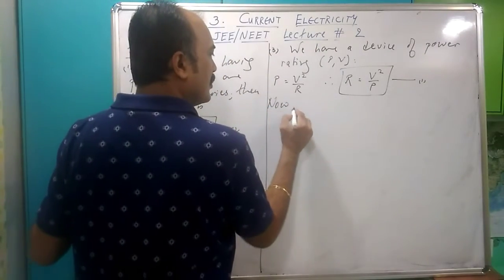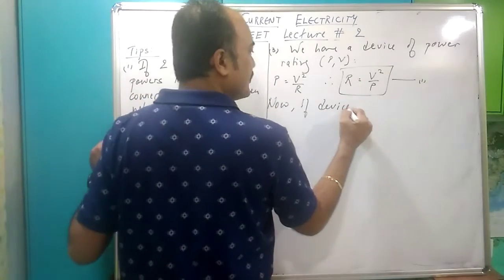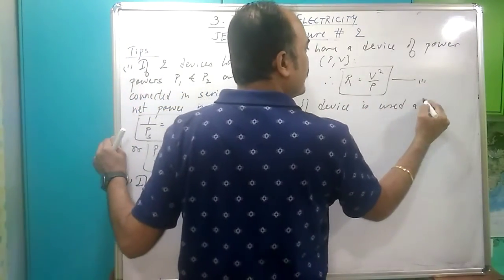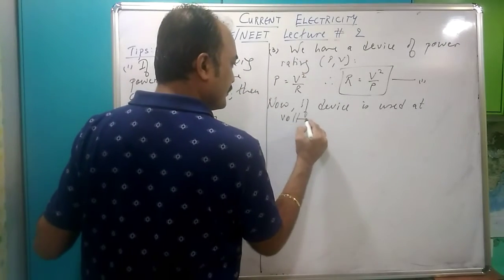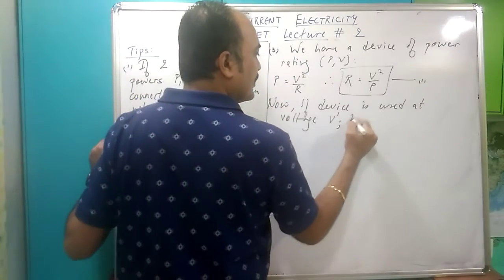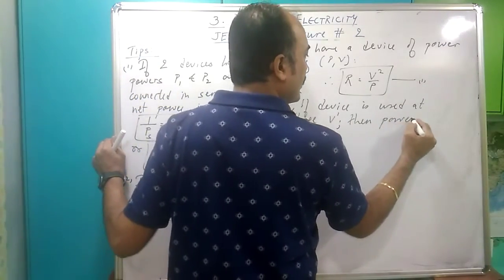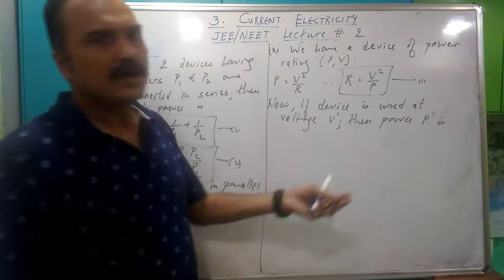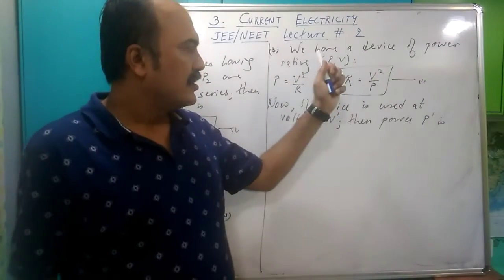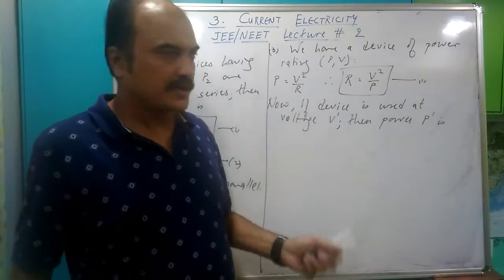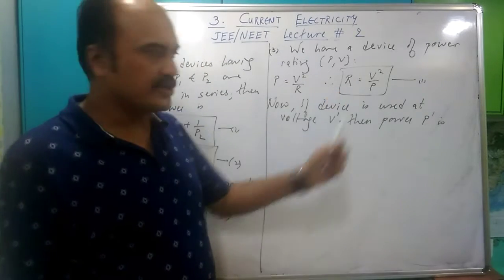Now, if the device is used at voltage V dash, then power P dash is, you have to remember, whatever voltage you use it at, the resistance will not change.